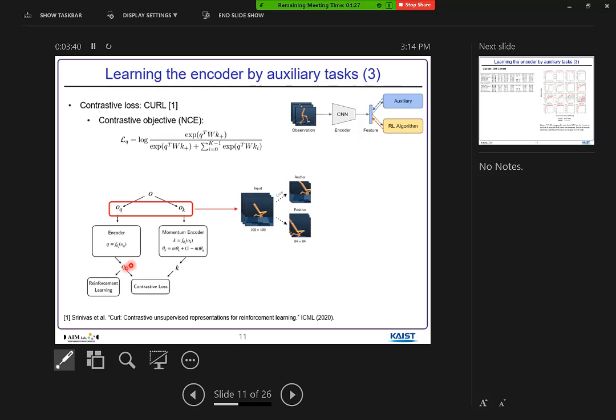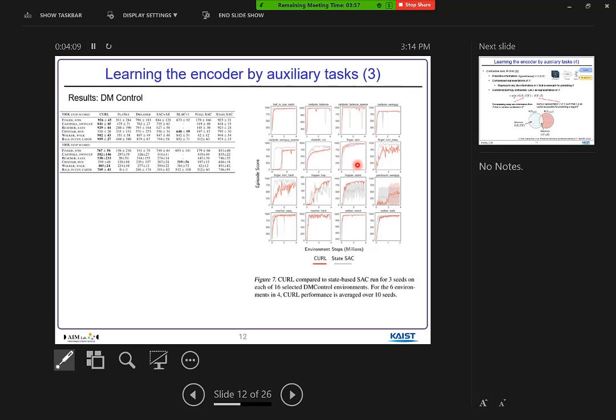Yeah. And they use this also for reinforcement learning. Similar to SAC-AE, the autoencoder, the contrastive loss and the reinforcement learning loss are backpropagated to the encoder concurrently. And this is the result of this paper.